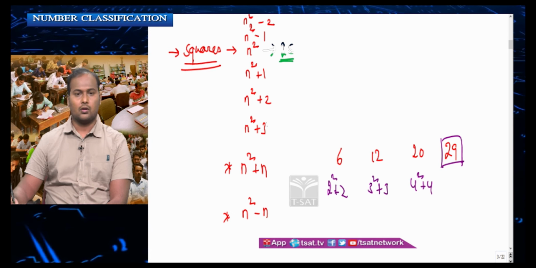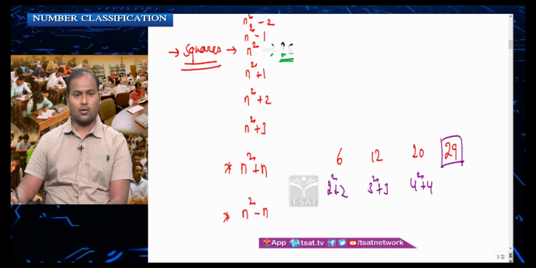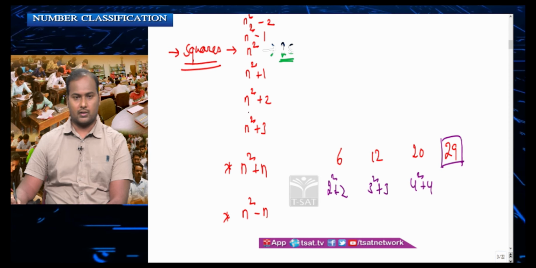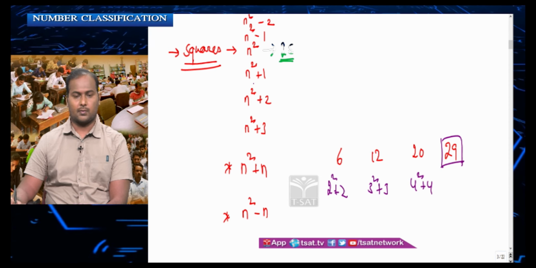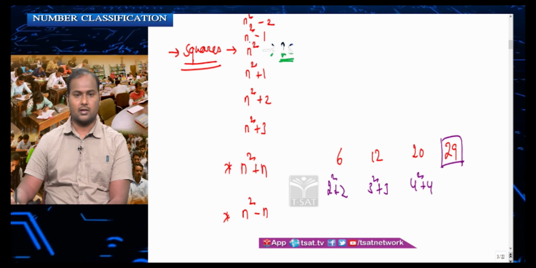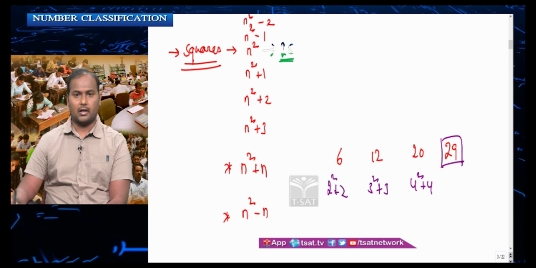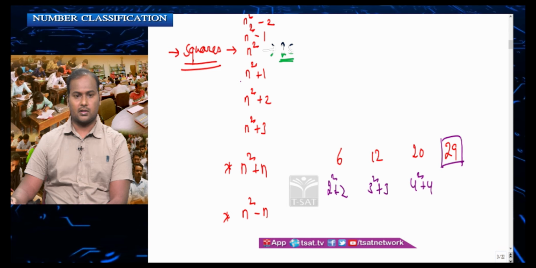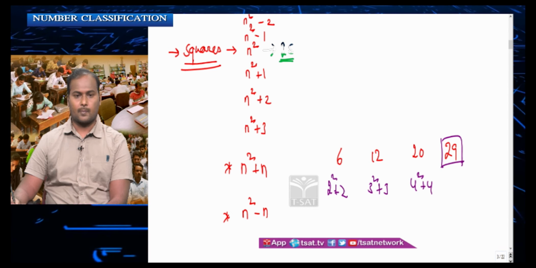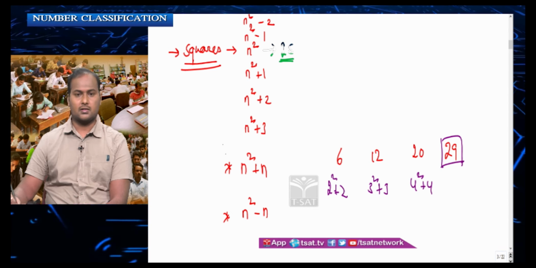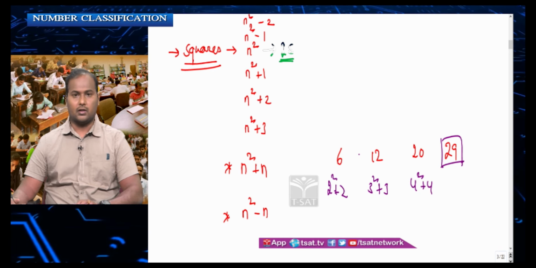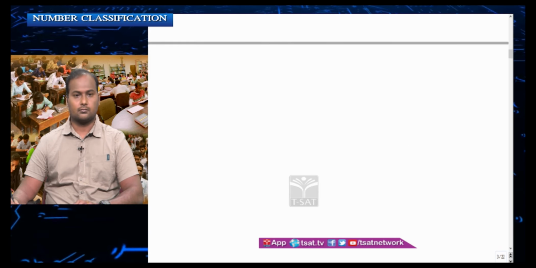So one needs to write one's own notes for all the values near the squares, that is n square plus 1, n square plus 2, in the same way n square minus 1 and n square minus 2, n square plus n and n square minus n. All these are the different possibilities in the question.